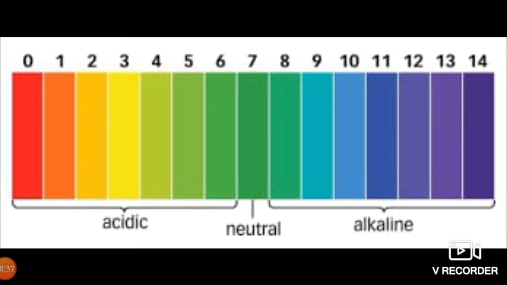If the soil has more acidic character, the pH value will be before 7, 0 to 6. If the soil has more basic character, it will be 8 to 14, more than 7. So this sheet is measuring that.